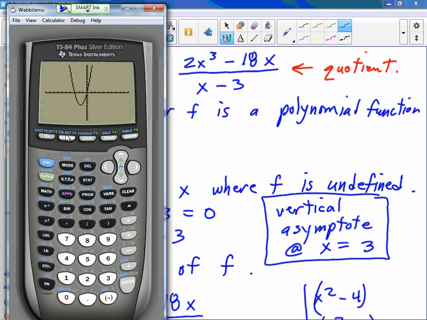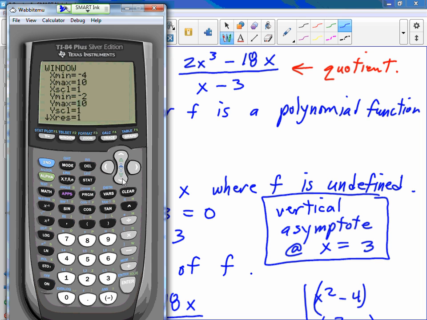So we're going to have to change our window. We don't need negative 10. I want to see like negative 4 should be fine. And then 10 might be good. And we don't need negative 10 down there. Negative 2 might be fine. And then x max, let's go up to 20 and see what that looks like.